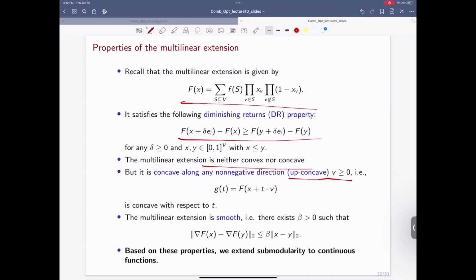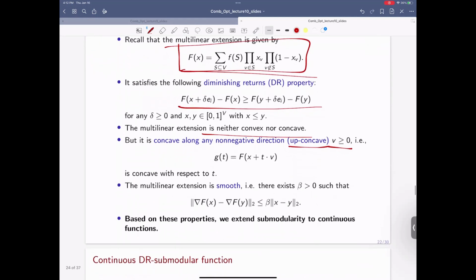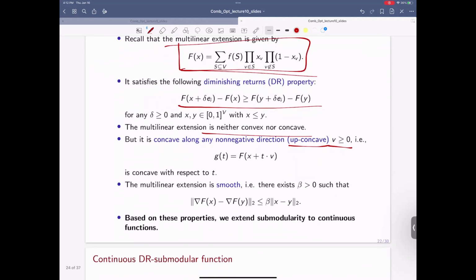Moreover, if you look at this multilinear extension, you can argue that the function is smooth. This is neither convex nor concave, but the function is smooth. We define smoothness in terms of this difference in the gradient. We say that your function is smooth if the gap between two gradients is bounded by the gap between the two points.